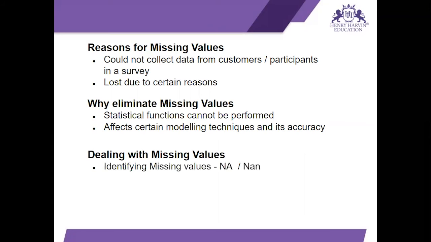Now, how to deal with missing values when you have a very large data set? You should identify missing values first. Missing values can be in the form of NA, NaN, or sometimes garbage values. Now, what are garbage values? For example, you have created a field for age, and a participant fills the age as 999.